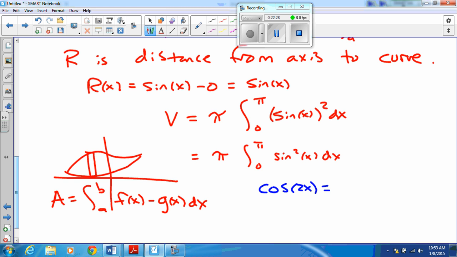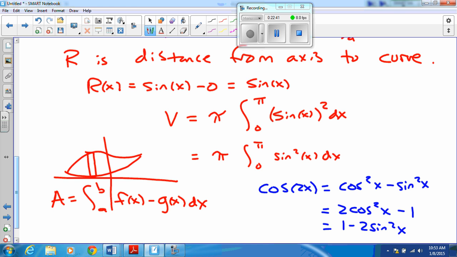Recall that cosine 2x has three different representations: cosine squared minus sine squared, 2 cosine squared minus 1, and 1 minus 2 sine squared x. All three of these can be converted to one another by substituting sine squared plus cosine squared equals 1, the Pythagorean identity.